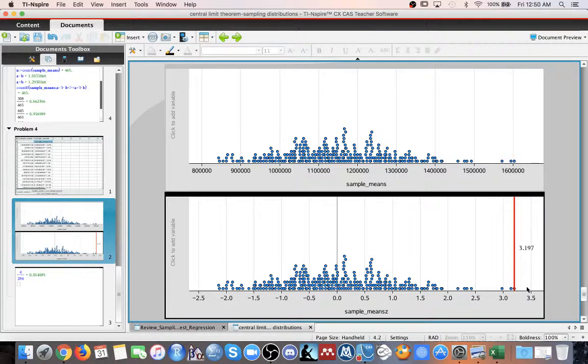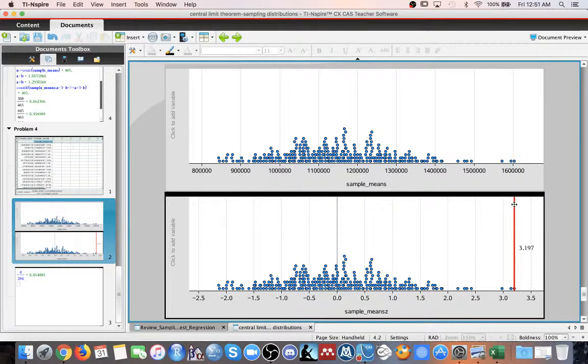So you can trust that your data value out here at 3.197 standard deviations from the mean is accurate, and that you don't think you were lucky enough to get something that's that far away by chance. If that's the case, you're going to reject the notion that the true sample is at around 1.15 million. Instead, you would say, I trust my data, and I think the actual population is really more around 1.6 million for the 1,000 largest cities in the world.